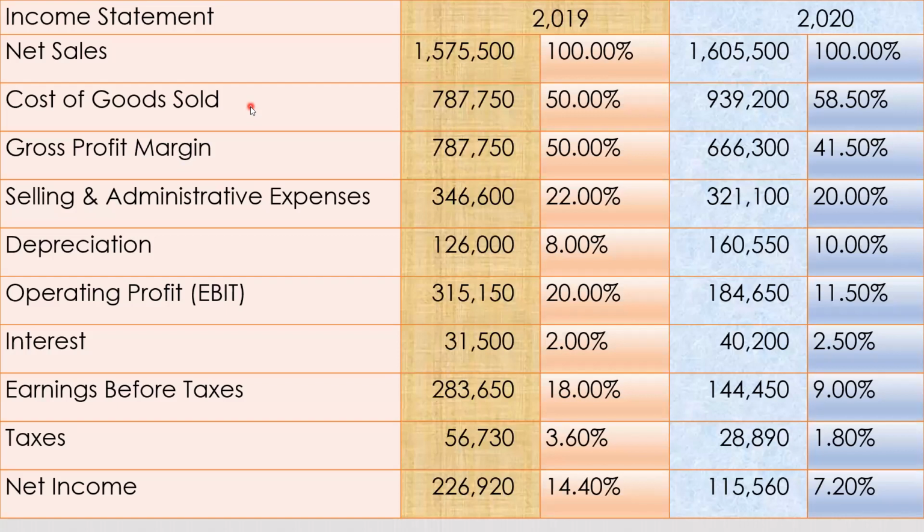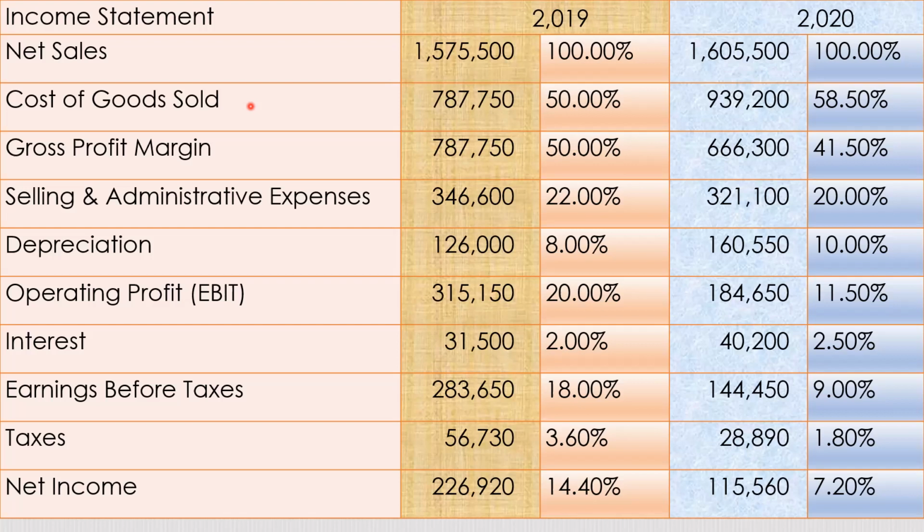The cost of sales includes the purchase cost and the manufacturing cost. The purchase cost can be for the purchase of raw materials or purchase of finished goods. So if the purchase prices are increasing, this cost may increase.